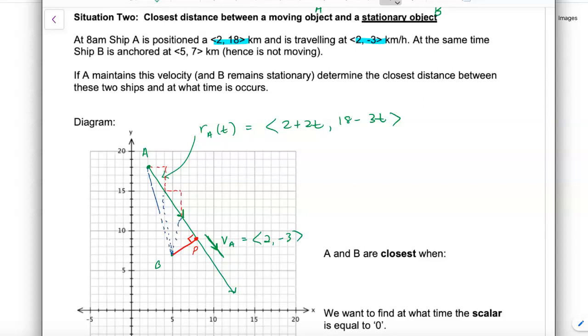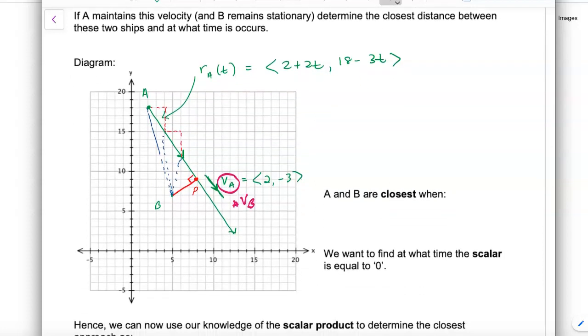In fact, what we can do here is define the velocity of A as the velocity of A relative to B, because B isn't moving, so the velocity of A relative to B is just the velocity of A. So they're closest when the velocity of A relative to B over time, which we've got here, is going to be perpendicular to what we could call PB.